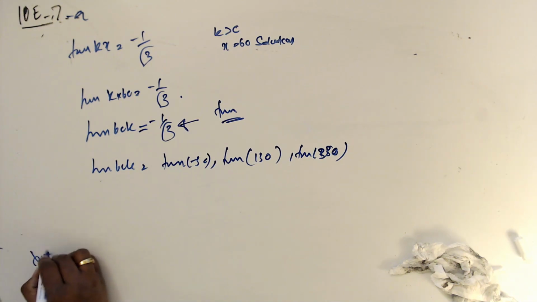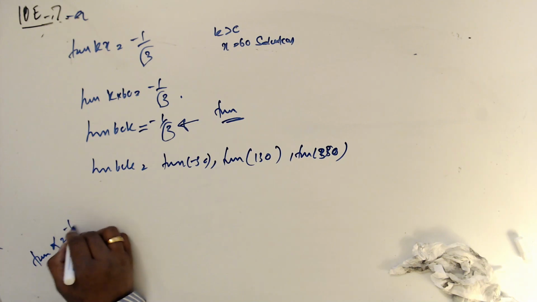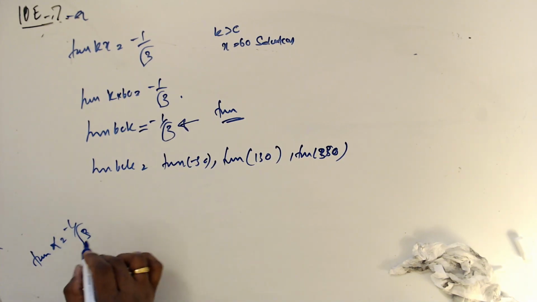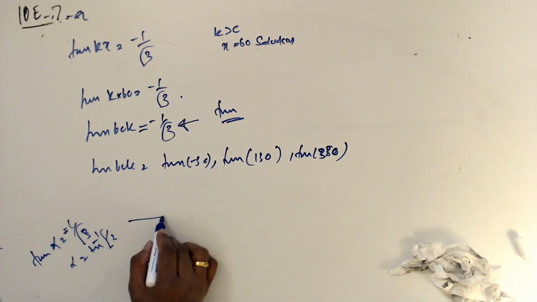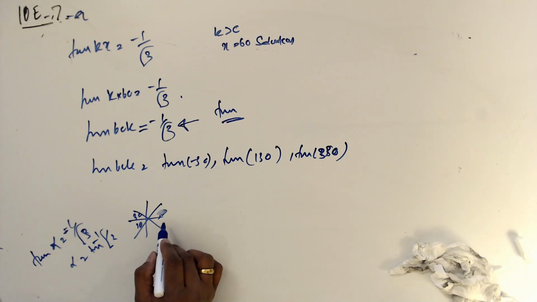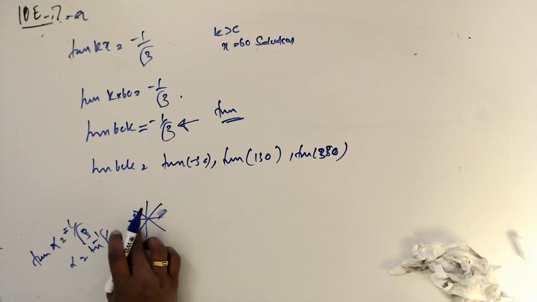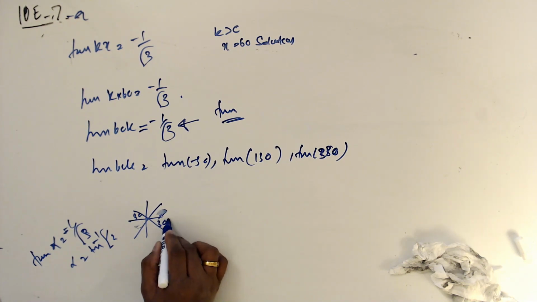Because let's say tan alpha equal minus 1 over square root 3, then alpha equal tan inverse minus 1 over square root 3. So this is 30, and tan is negative on second and fourth. So this is minus 30.